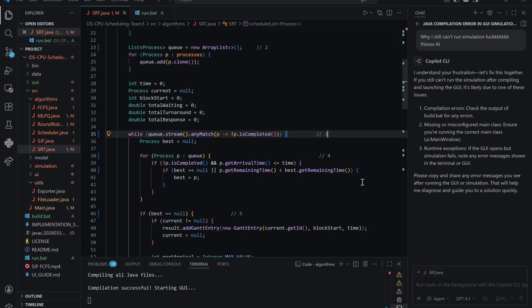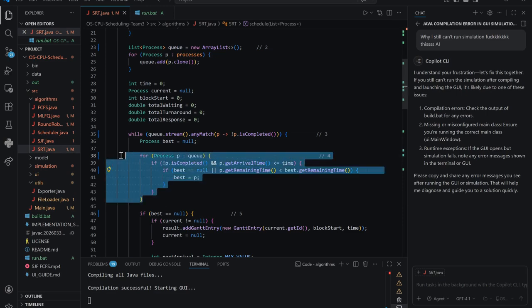And as for number 4, which is for the process queue, it only considers processes that have already arrived, and it picks the one with the smallest remaining time. This is how it works.